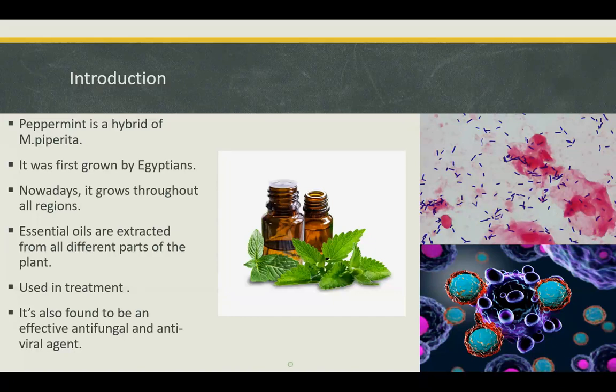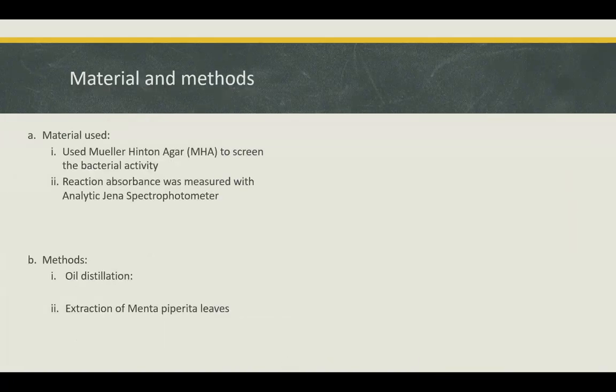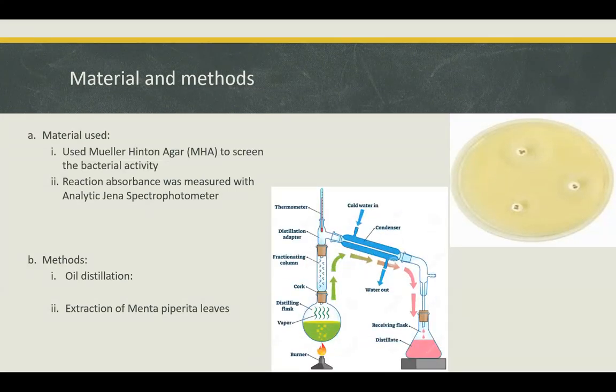Now let's talk about the materials and methods. The materials used for this experiment were Mueller-Hinton agar, or MHA, which is used to screen the bacterial activity, and the Analytik Jena spectrophotometer that measured the reaction absorbance.